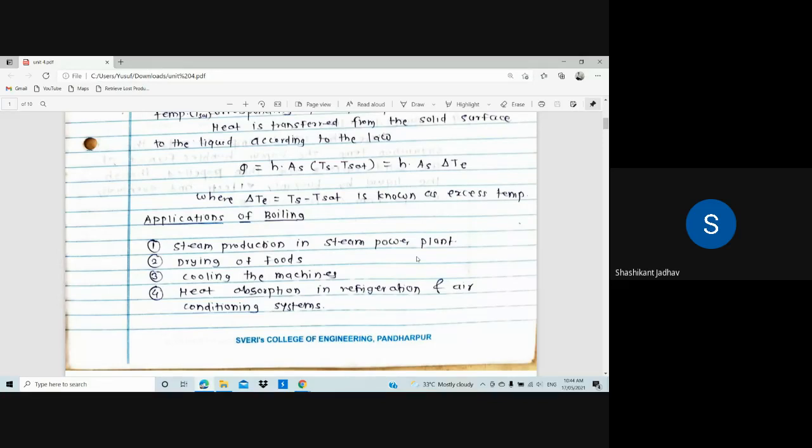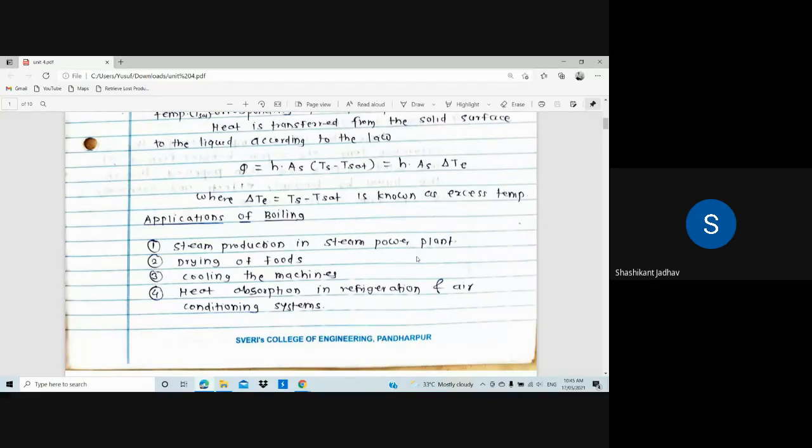Then third, cooling the machines. And fourth one, heat absorption in refrigeration and air conditioning systems.